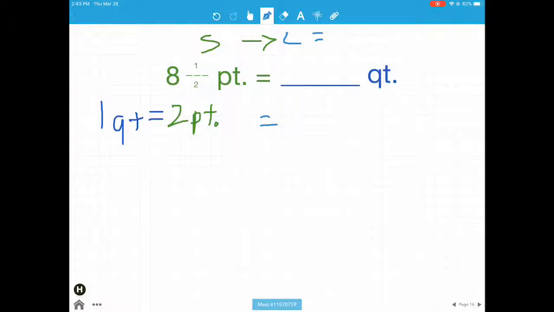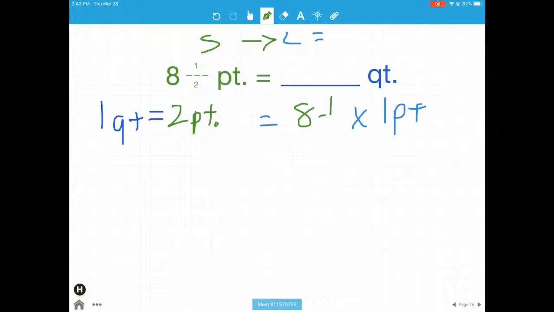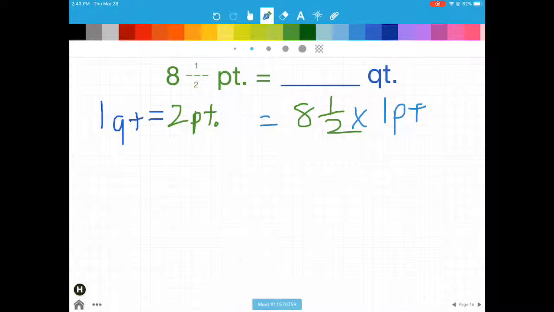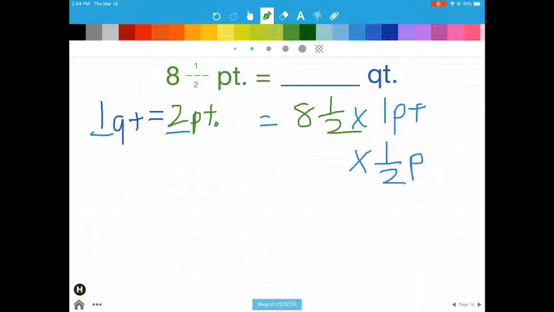Okay, so we have 8.5 times 1 pint. We're going to change our pints to the fraction, and it's 1/2. How do I know it's a half? Well, it has the 1 there and the 2 there. The 2 is going to be underneath. I'm going to go ahead and change this into an improper fraction, 17/2. Okay.